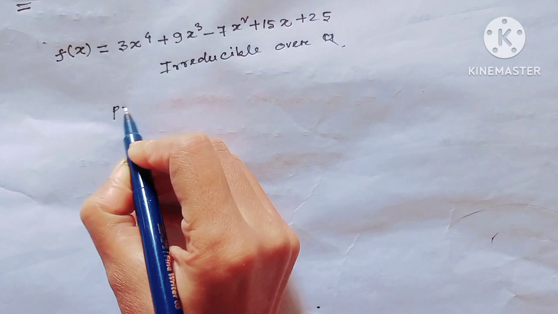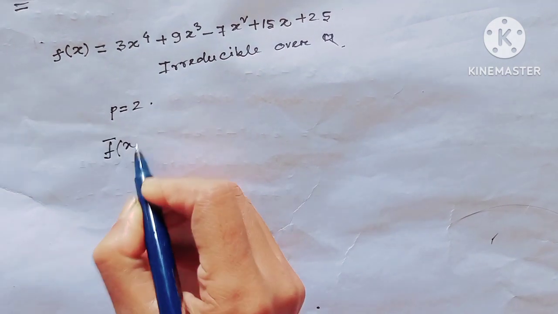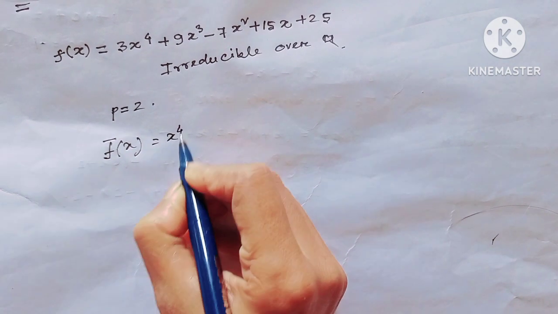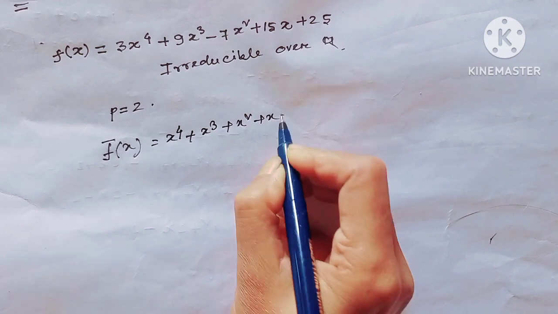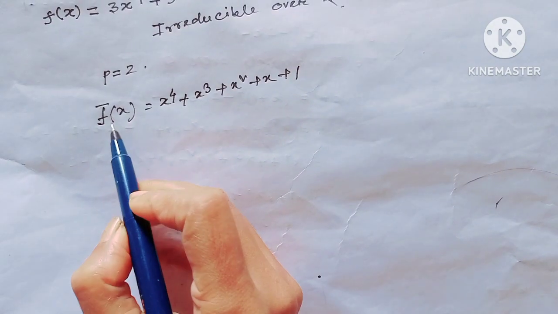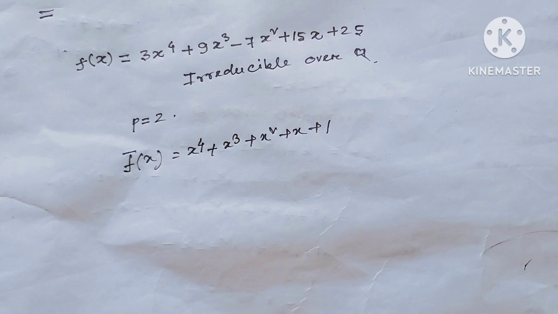I will consider p equal to 2, then f bar(x) would be x to the power 4 plus x cube plus x square plus x plus 1. And notice here the degree of f(x) and the degree of f bar(x) are the same, so we can apply the mod p test.